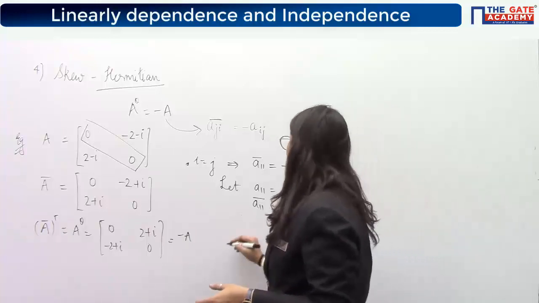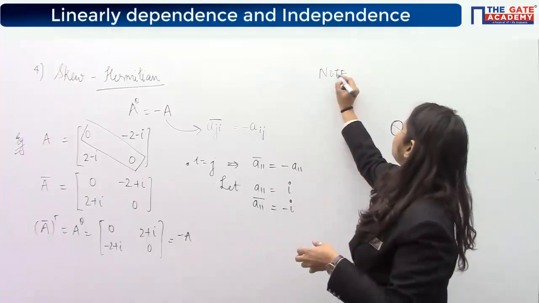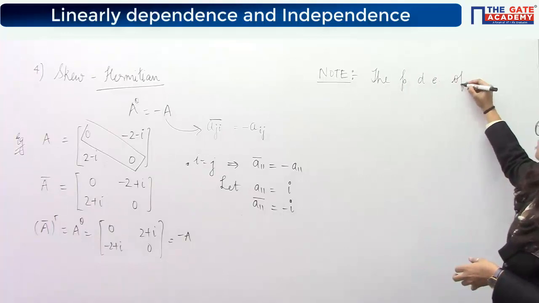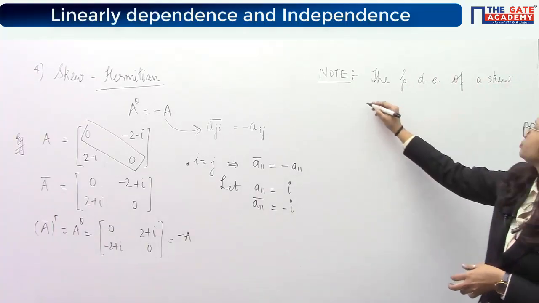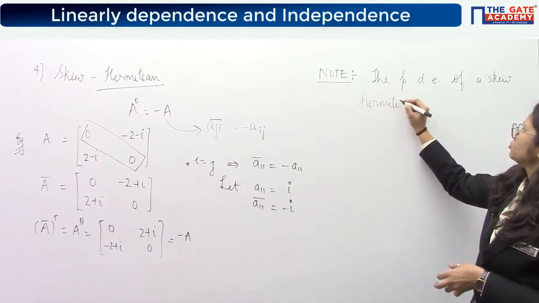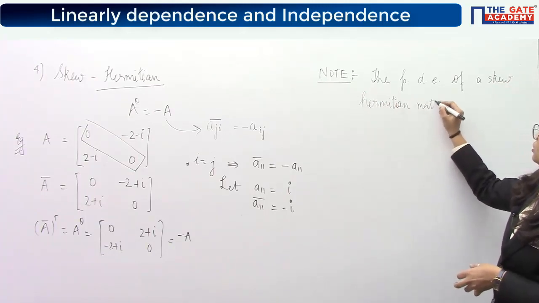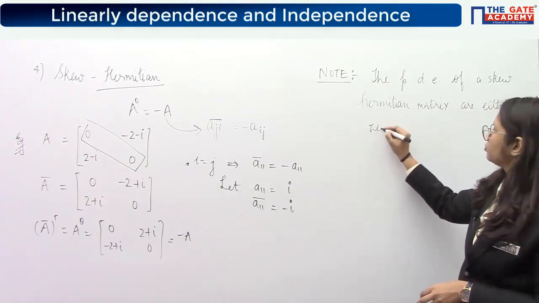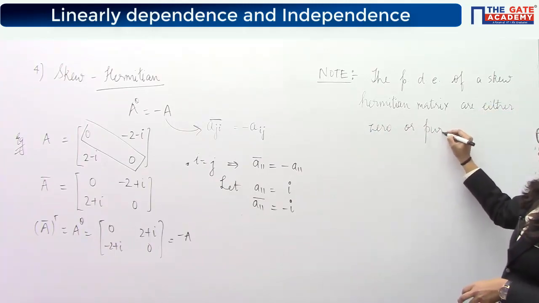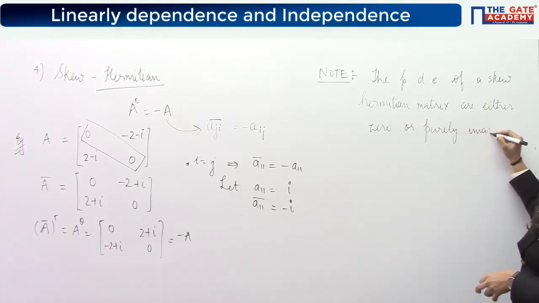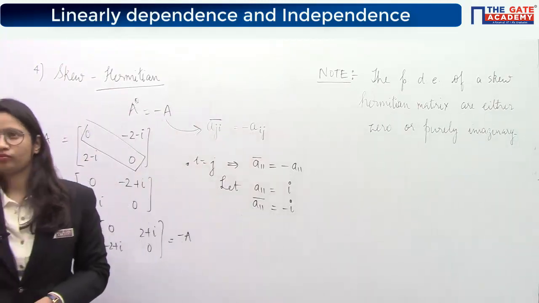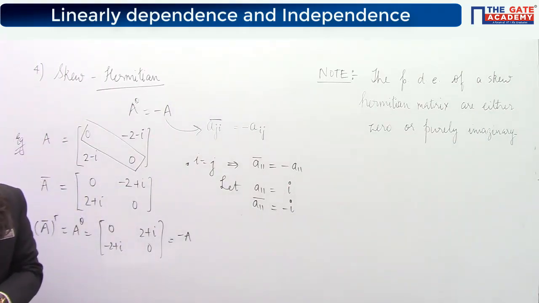Okay, so you can write it down as a note. The principal diagonal elements of a skew Hermitian matrix... Yes, only complex suggests, Piyush, only purely imaginary.